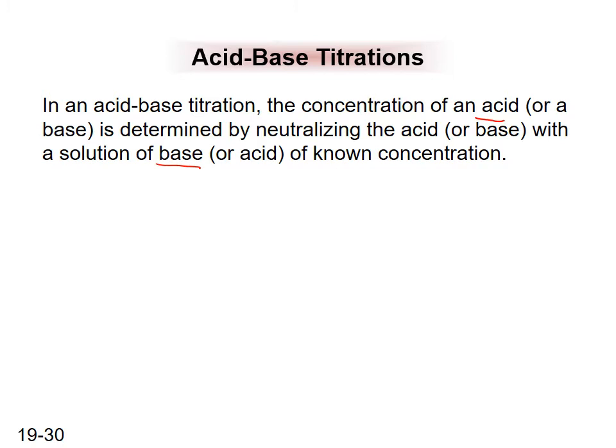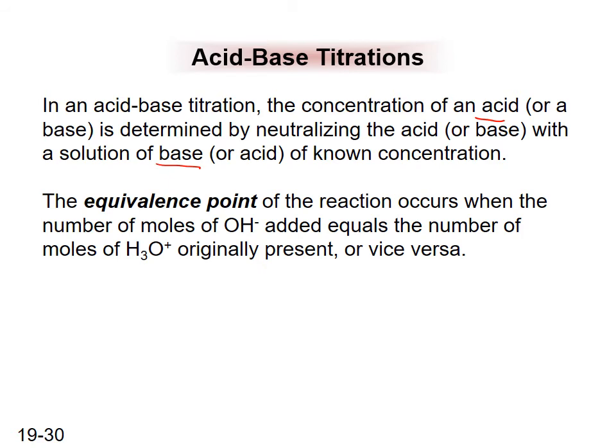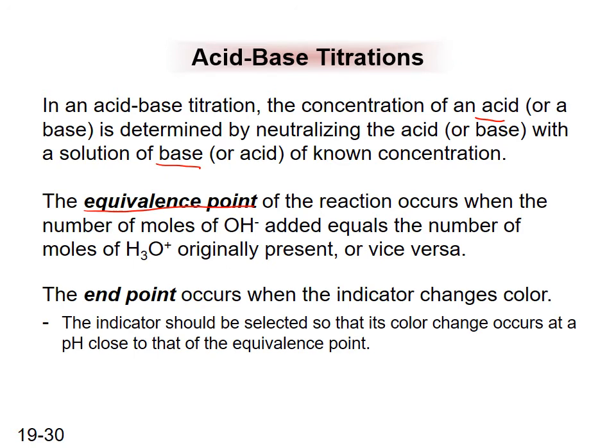There are two important concepts in neutralization. One is the equivalence point. The other is the end point. The equivalence point of the reaction occurs when the number of moles of hydroxide added equals the number of moles of hydrogen ions originally present, or vice versa.